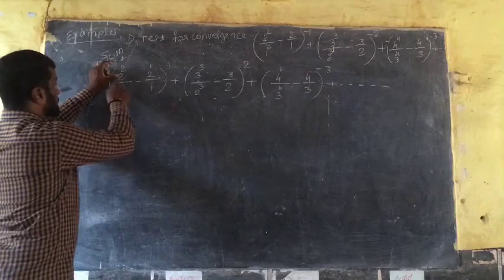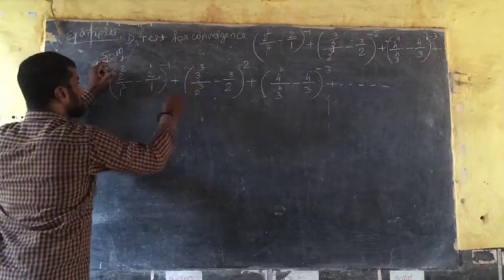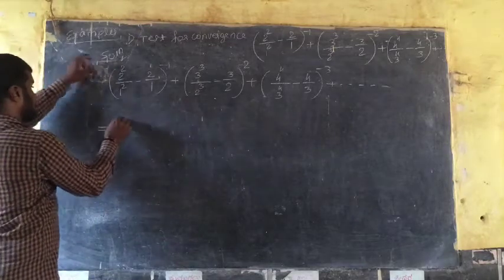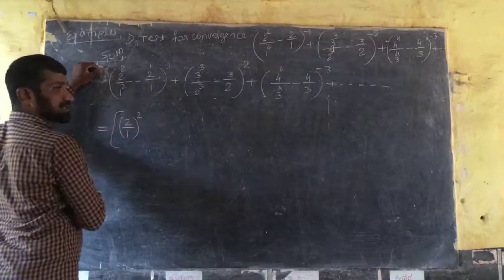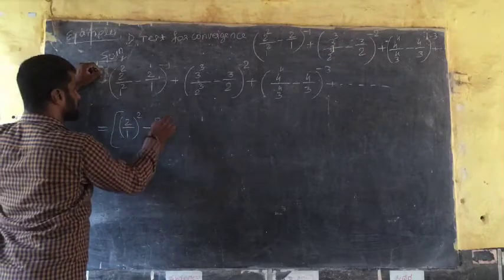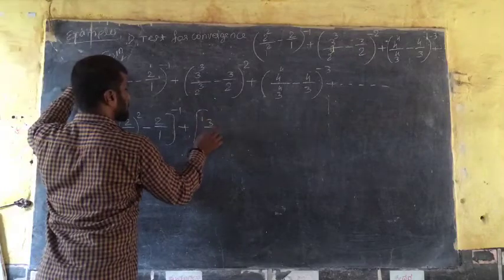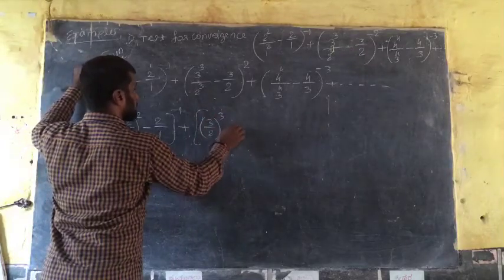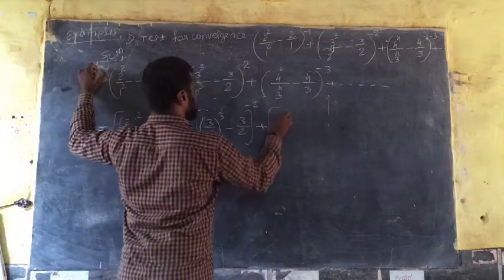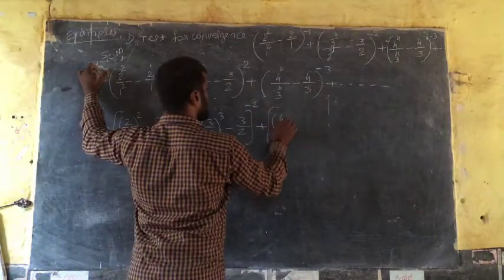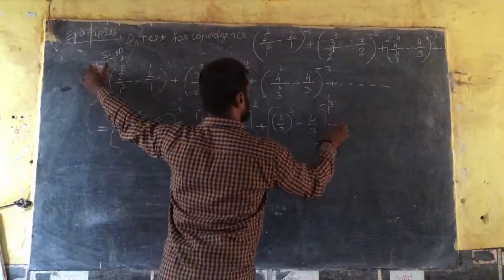So the series starts with the terms 2 squared over 1 squared, 3 cubed over 2 cubed. I can write it like this: (2/1) raised to 2, minus (2/1) raised to minus 1, plus (3/2) raised to 3, minus (3/2) raised to minus 2, plus (4/3) raised to 4, minus (4/3) raised to minus 3, and so on.